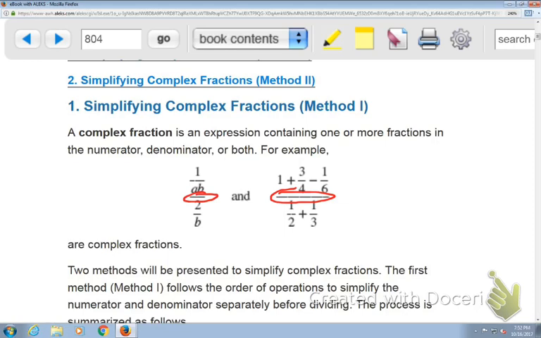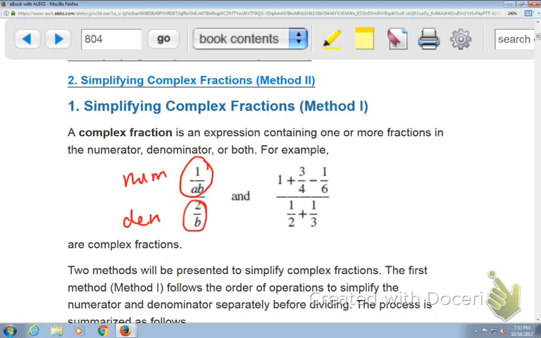So in the first case, what is your numerator? Negative 1 over AB is your whole numerator. And what is your denominator? I circled it, so I'm really hoping you guys can just read. 2 over B. Is that okay?